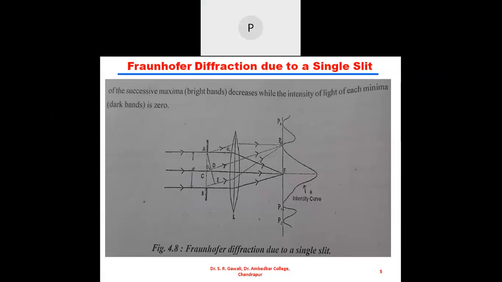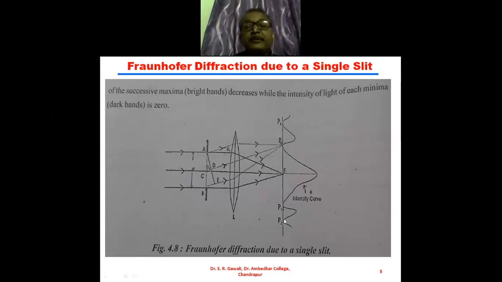Intensity will be 0 at the points P1, P2 on one side of the F, and P1 and P2 on the other side. This is the minimum intensity on the upper side of this F.